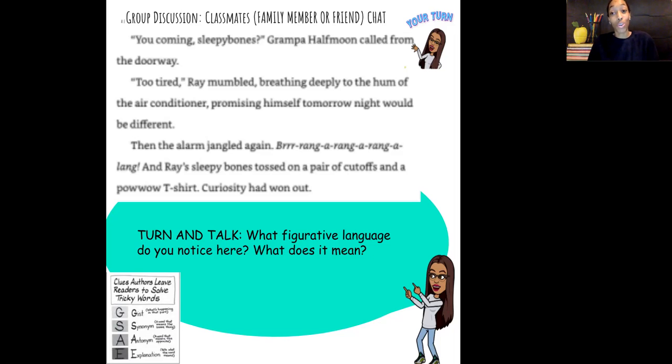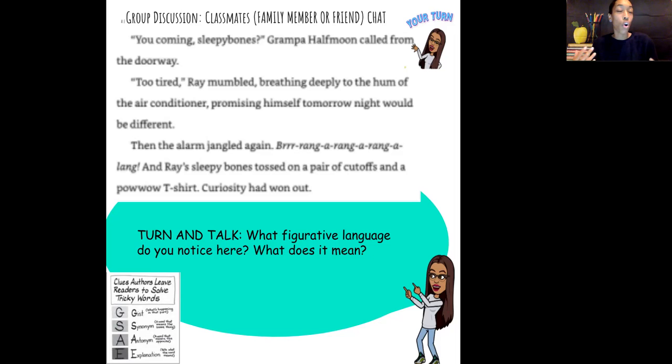His bones won't toss on a pair, right? And they're not literally asleep. Ray is the person, he's asleep. But this is figurative language to show that he was really tired, for us to visualize he was really tired, he was really sleepy. So if you said some of those things or one of those things, good job.